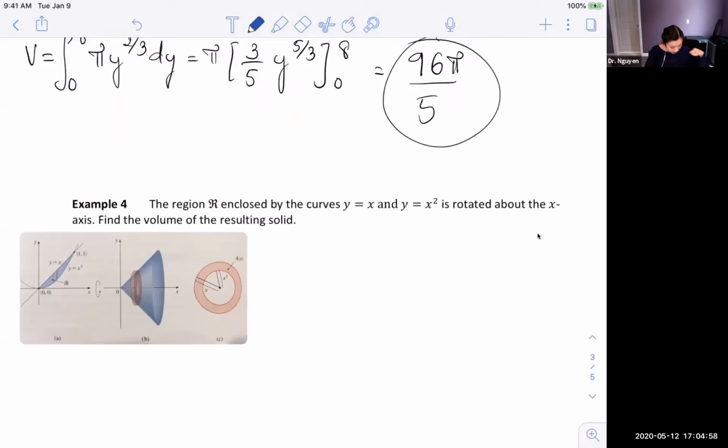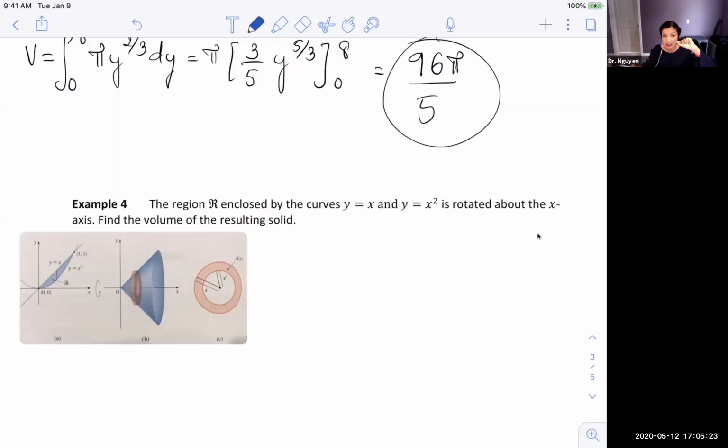So we are back to dx. So how do we create that cross section? You can see that if I slice just that part, it's not touching the x-axis, and when I rotate it, it turns into a washer.